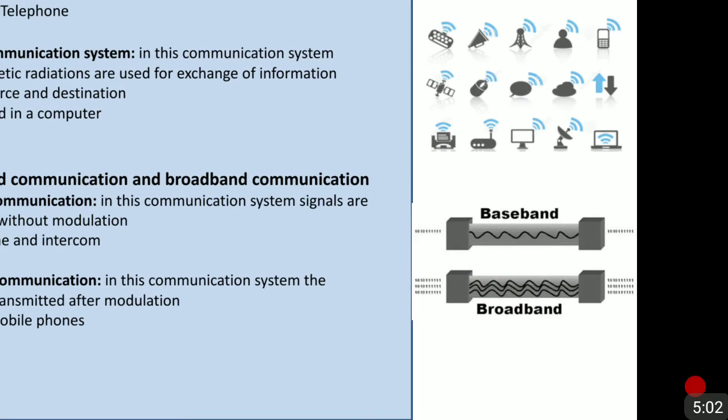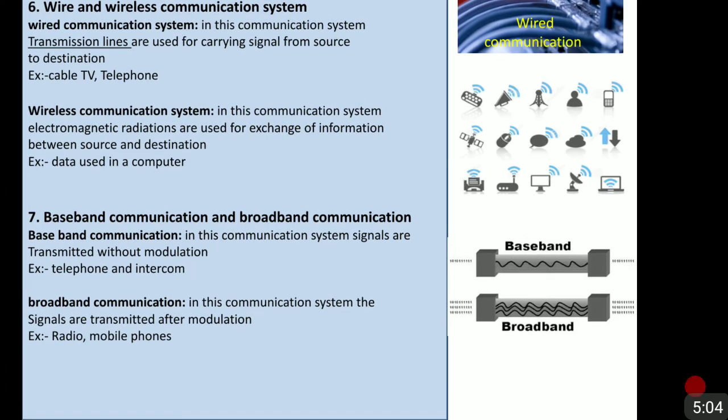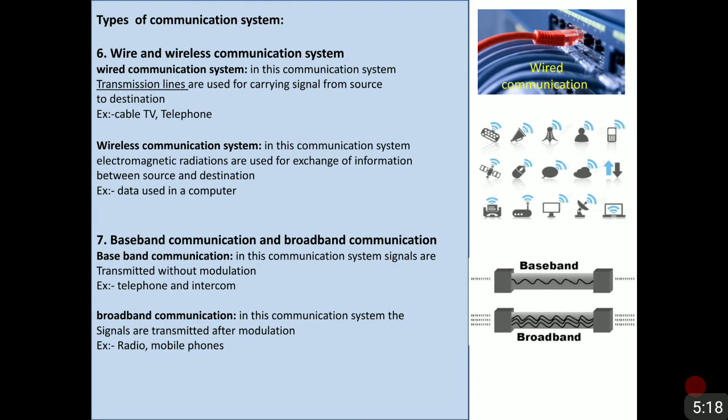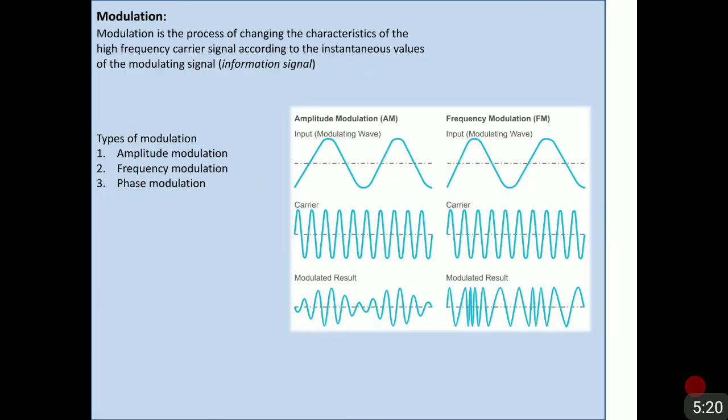So in baseband communication system, modulation is not required, or signals are transmitted without modulation. But when it comes to broadband communication system, signals are transmitted after modulation. Then we come to understand modulation in the next video.